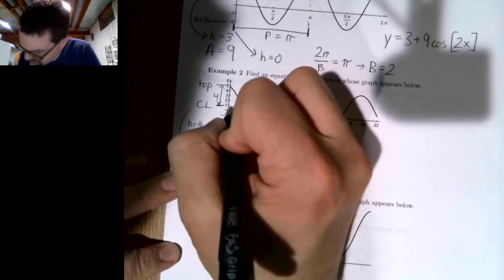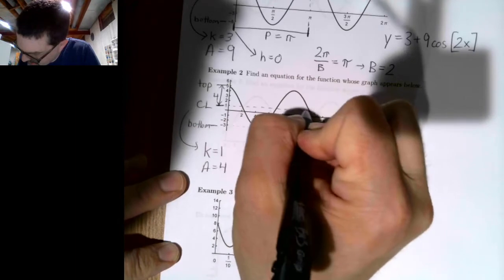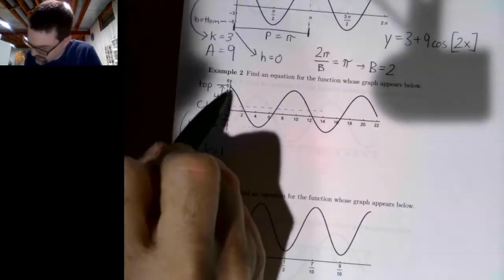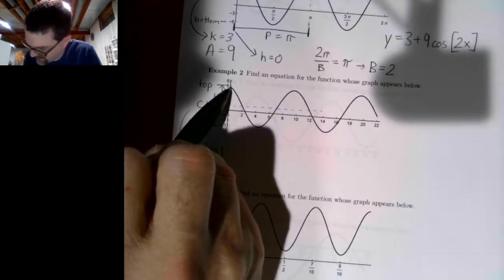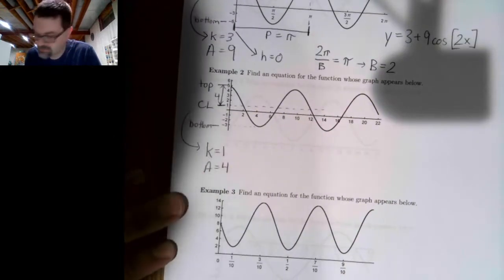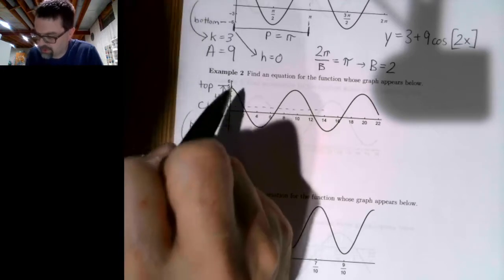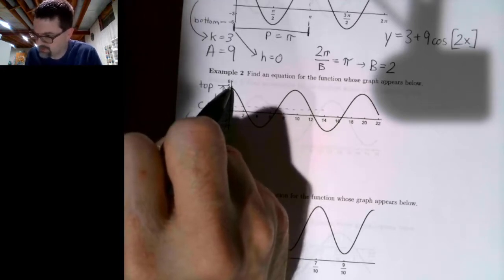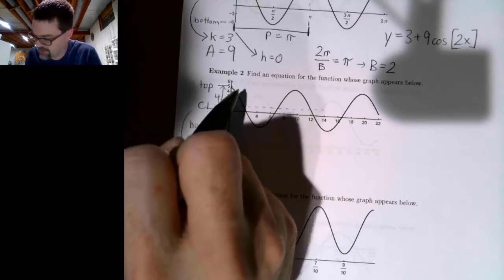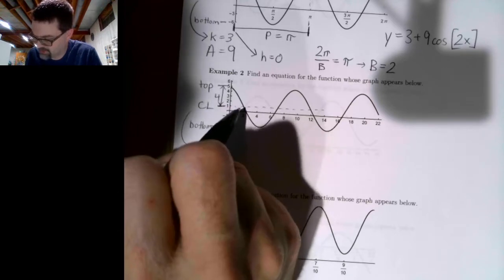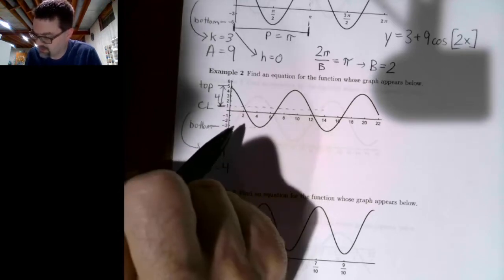So here's our center line. If we were to sketch that in, well, this is pretty close to the top, but it's not at the top, not like in that last one. So our basic wave is not going to start there. What we want to look for as a starting point is the first occurrence of a peak, a valley, or a center point in our graph.